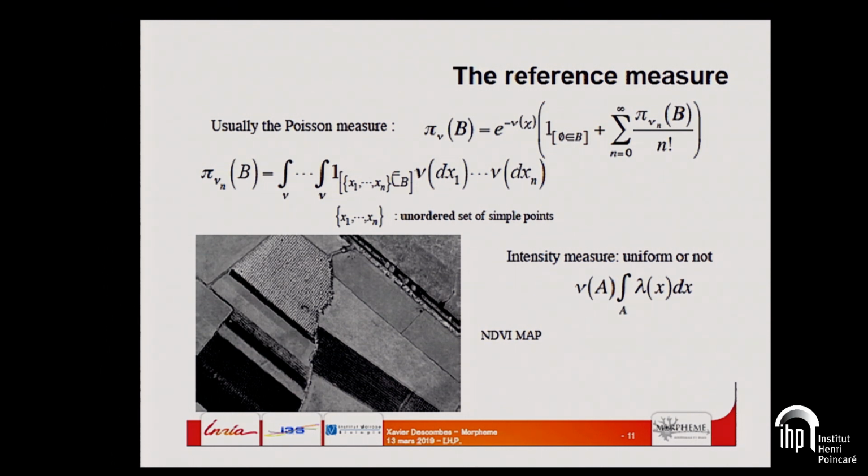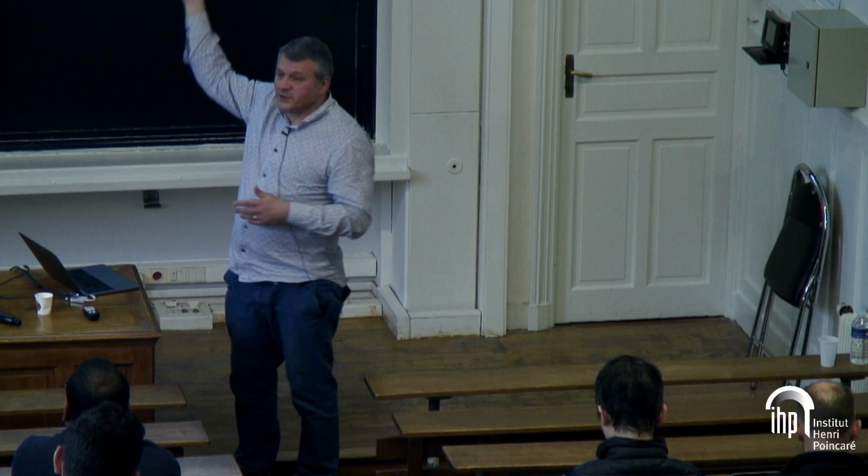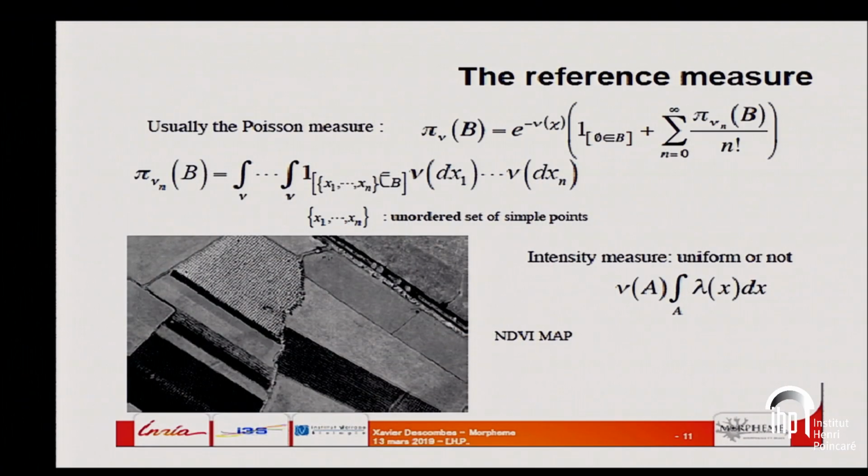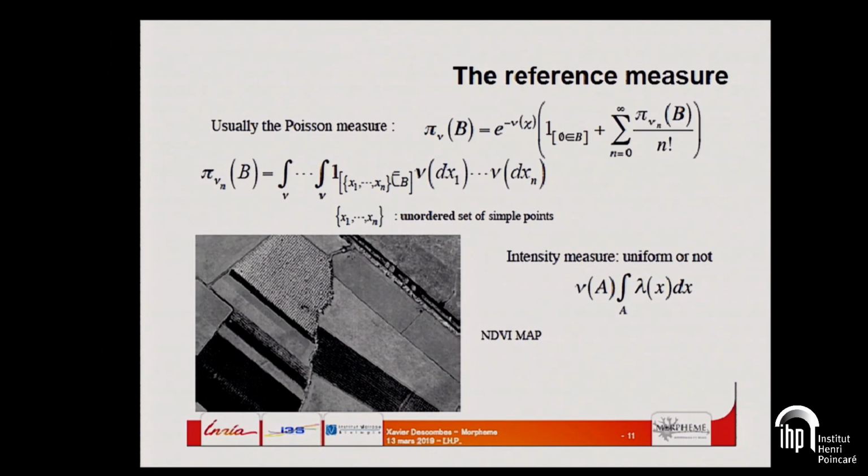When you sample your model, independently of your density, you sample with respect to this measure. So you will more likely try to put points or trees within the areas which are white here, where we have a high vegetation index. So you have a higher probability to try to put trees where you have some chlorophyll.